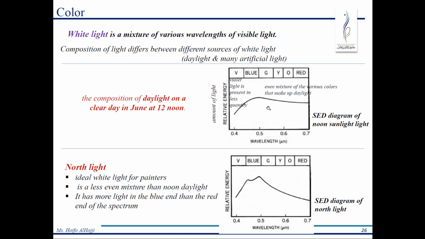This is used, for example, here to compare the white light of natural daylight. We have different times of the day with different shades or, let's say, temperatures of daylight.